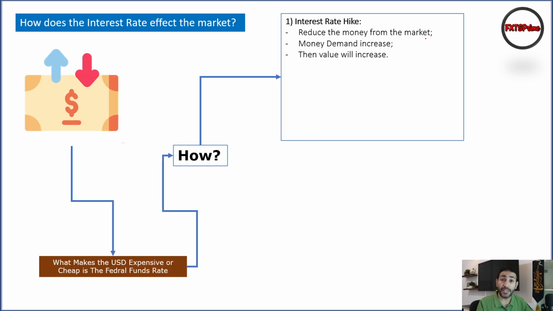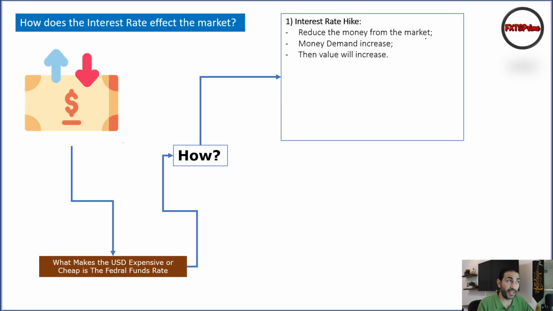Now instead, if the Federal Reserve Bank says to you, give me that $10,000 and I'm going to give you interest of $500 every month, which one will you choose? Of course, you will go with the $500 from the Federal Reserve Bank.